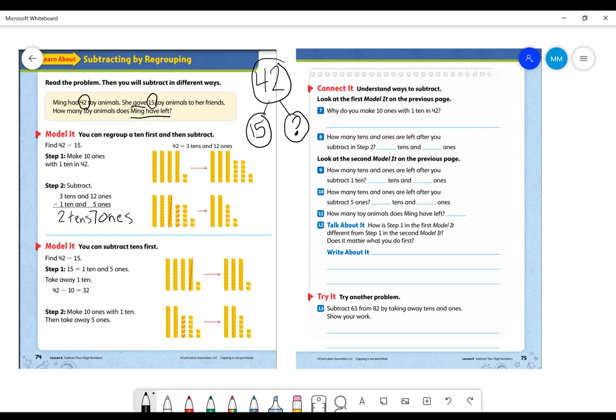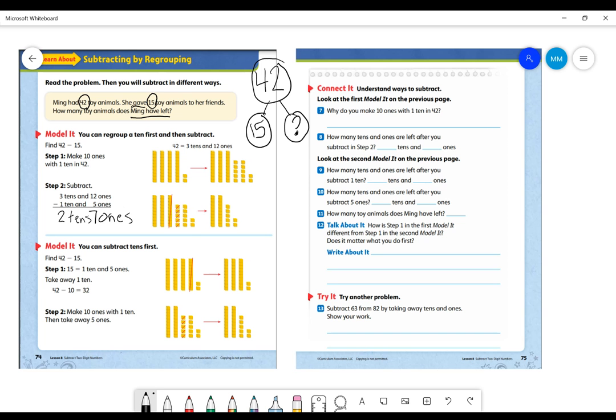It says you can subtract tens first. Now, I'm going to be very honest with you, friends. I do not like doing this strategy because I need to see how many ones I have in my ones place first. So it says 42 minus 15 is the same as 1 ten and 5 ones.